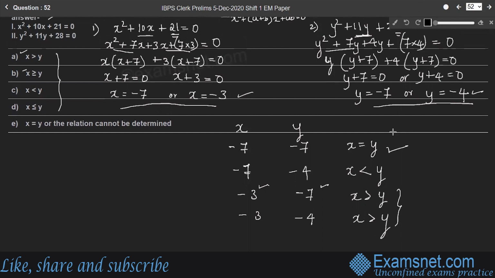Looking at all 5 options, whether x is greater than y, or greater than or equal to, or less than y, less than or equal to, or x is equal to y, or the relation cannot be determined. Therefore, we cannot conclude whether x is equal to, greater than, or less than y. Therefore, the relation cannot be determined. Therefore, option E is the right answer.